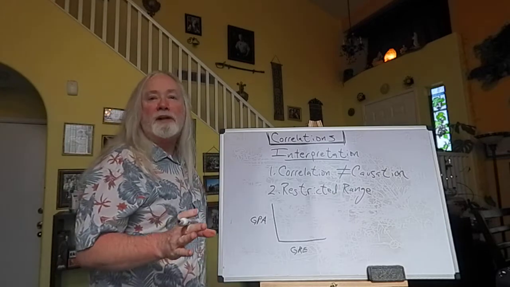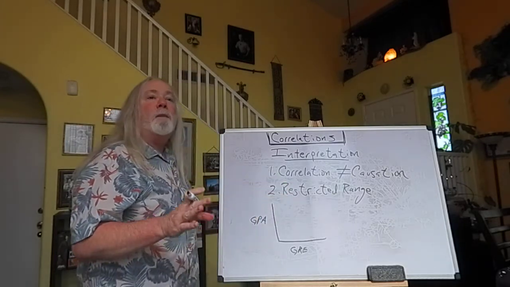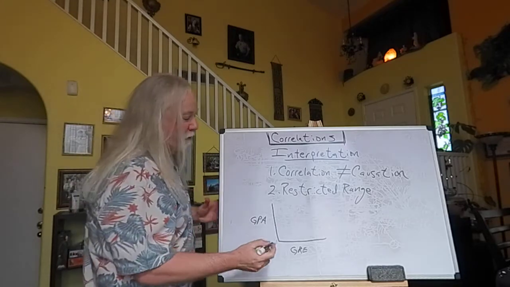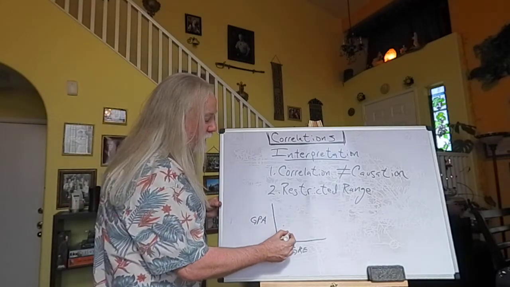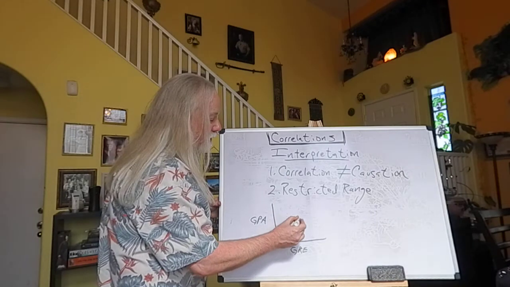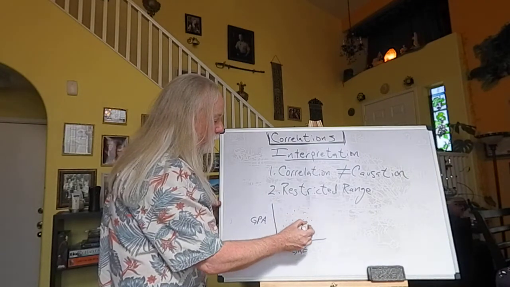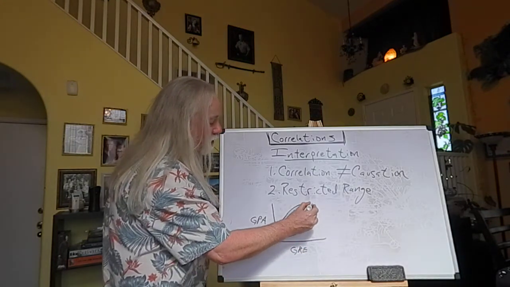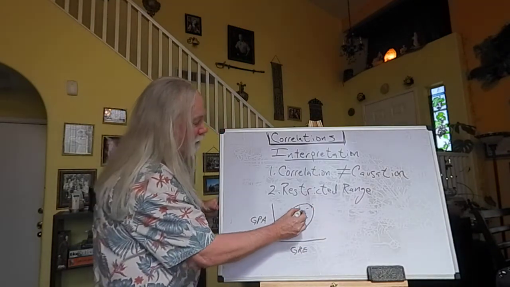Well, we would expect a fairly moderate to strong positive linear correlation coefficient for that. So we're going to expect our dots to run in this sort of linear-ish, positive-ish format.